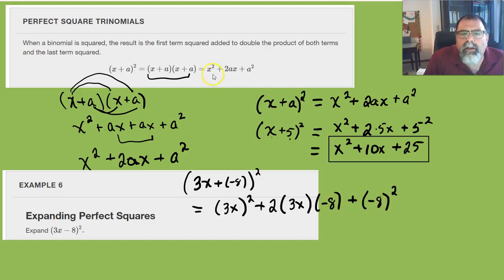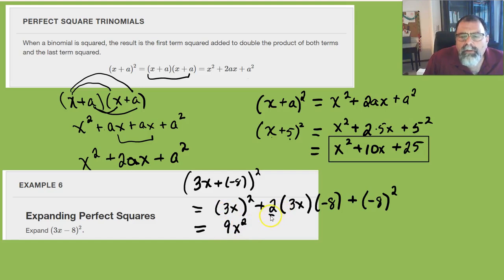So that's the shortcut. So the first term squared. Then I'm going to do 2 times the first term times the last term. And then the last term squared. Okay? So again, normally I wouldn't write this down. So 3x squared is 3x times 3x, so I have to square the 3 and square the x, so it'll be 9x squared.